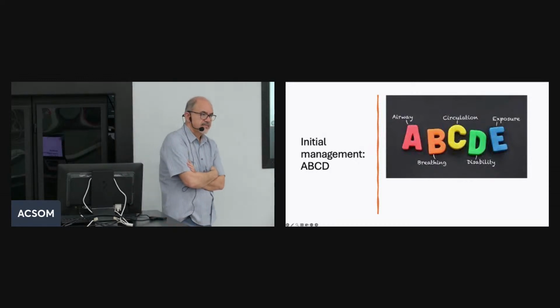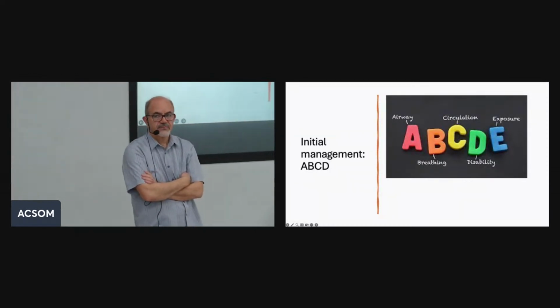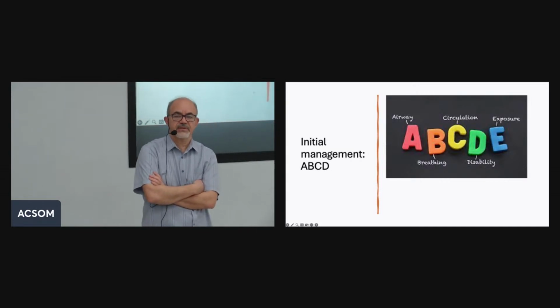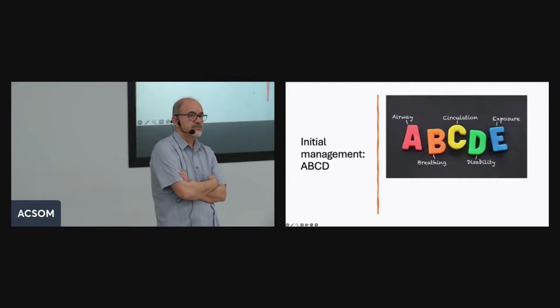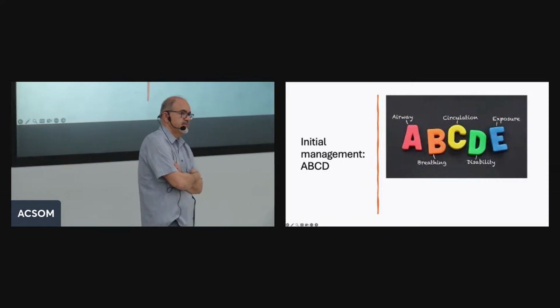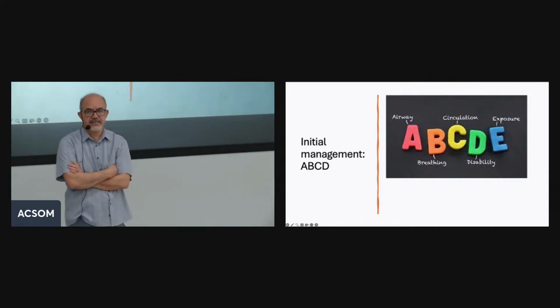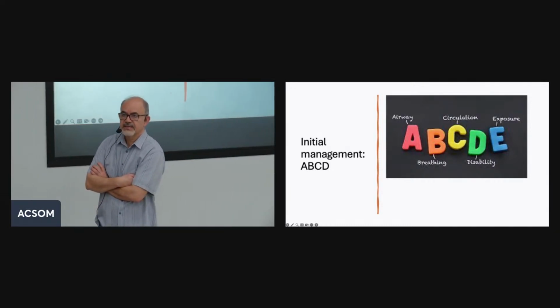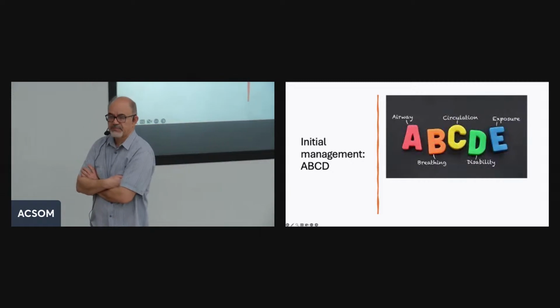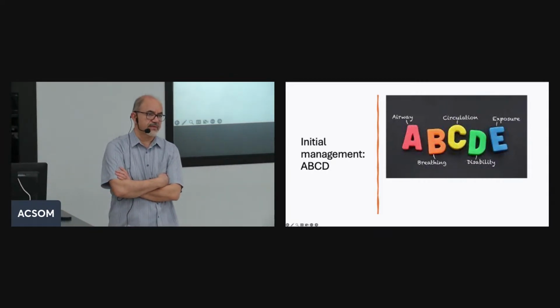So A stands for airway. The first thing to do, obviously, you have to make sure that the patient is breathing. Make sure nothing is blocking the airway. Make sure the patient is able to maintain their airway, right? If there are serious facial bone fractures, if there's a lot of bleeding in the mouth, if the tongue is swollen, the patient is not going to be able to maintain their airway, and you have to protect the airway, right?